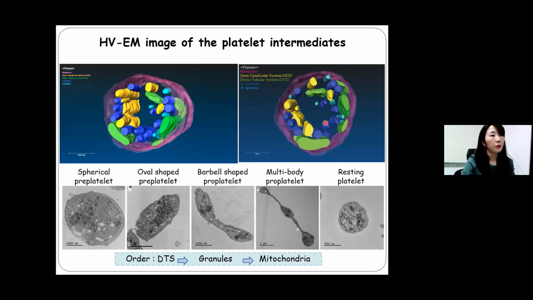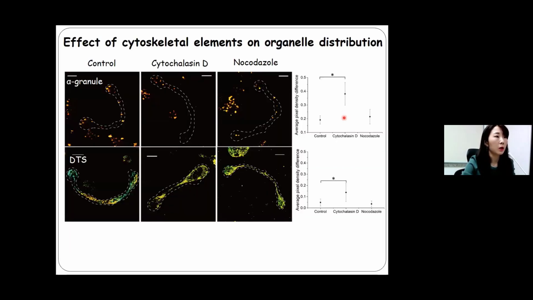So from this observation, our next question was, what helps this transportation for the division? One possible helper could be the microtubule or actin, because they are well-known mediators for protein transportation.